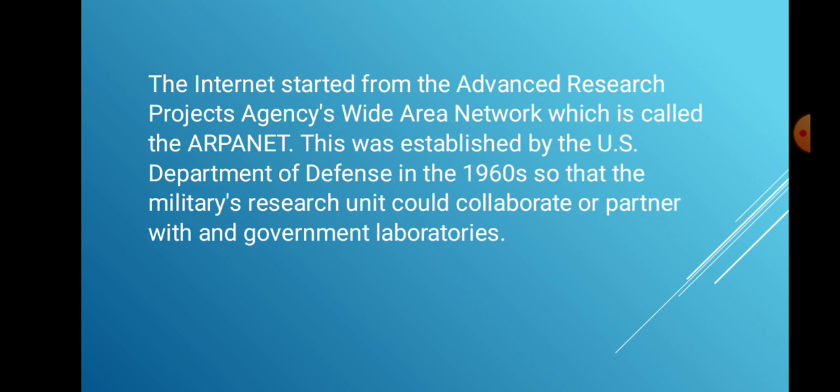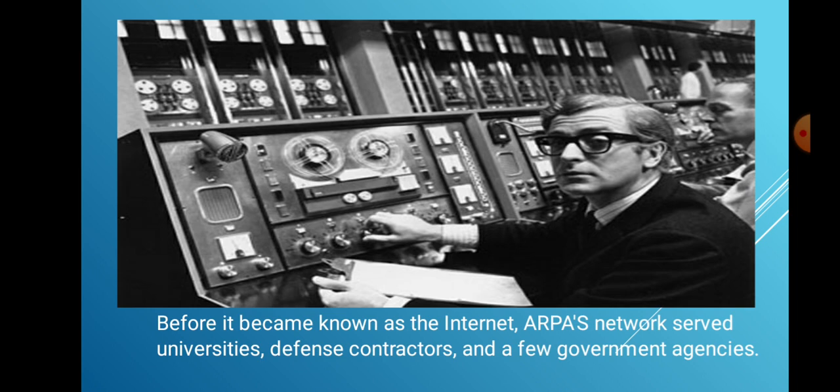The internet started from the Advanced Research Project Agency's Wide Area Network, which is called the ARPANET. This was established by the U.S. Department of Defense in the 1960s so that the military's research unit could collaborate or partner with the government laboratories. Before it became known as the Internet, ARPA's network served universities, defense contractors, and a few government agencies.